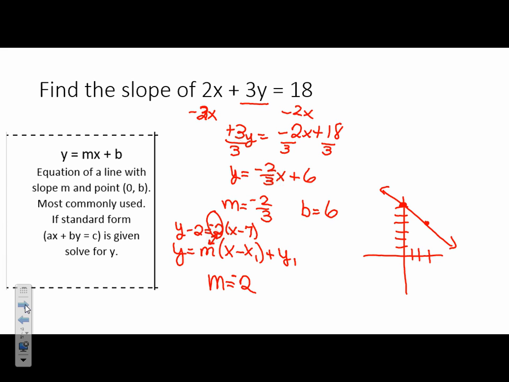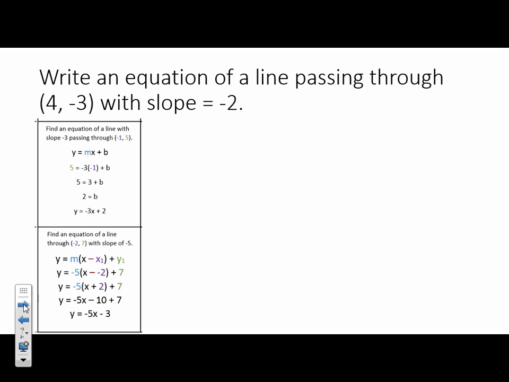All right. Here we go. Write an equation of a line passing through 4, negative 3 with slope of negative 2. That's number 13.